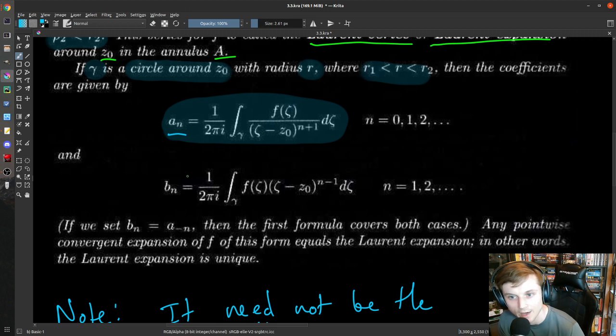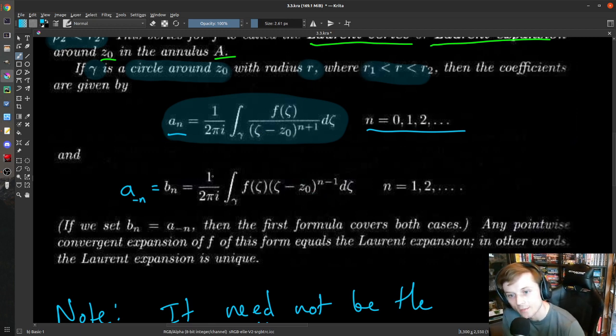As you can imagine, the b_n's are exactly the same, but now you can say that the b_n's are equal to a sub minus n, the minus nth term if you extended this from positive integers to negative. In this case, you're just bringing the z minus z naught up instead of down. So the b_n's are really the exact same as the a_n's.